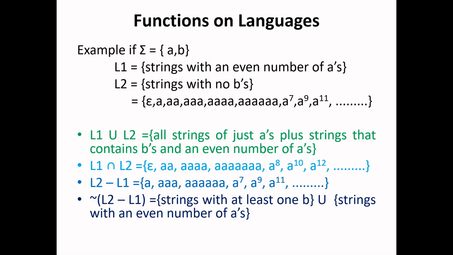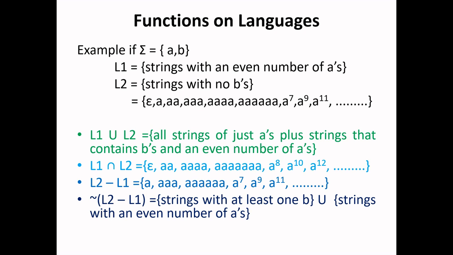L2 is the language consisting of strings with no B's. Strings with no B's means all possible strings of A's. It includes epsilon, 1 A, 2 A's, 3 A's, and so on up to any number of A's.